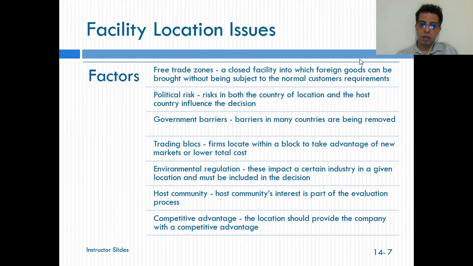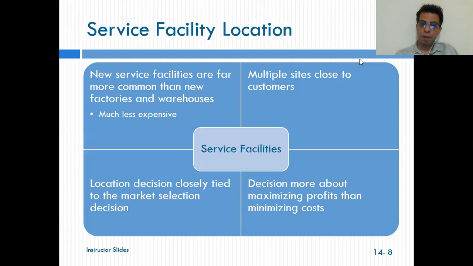We also see environmental regulation. These impact certain industries in a given location and must be included in the decision. The host community: is the host community interested? This is part of the evaluation process. And competitive advantage: the location should provide the company with a competitive advantage.